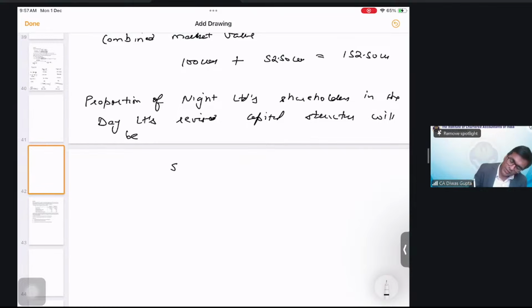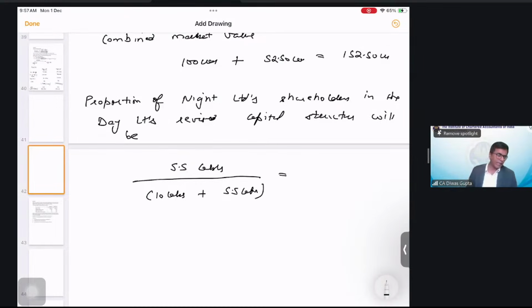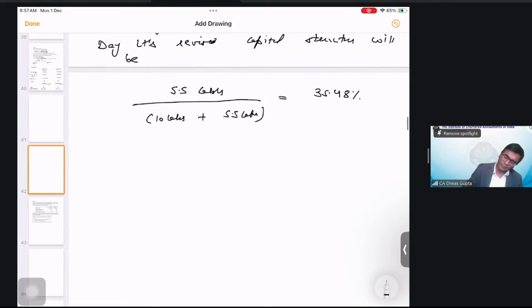so how many shares belong to Night Limited shareholders? 5.5 divided by 10 lakhs, the existing shares, plus 5.5 they have additionally issued. So this will calculate what percentage of holding belongs to shareholders of Night Limited in the revised Day Limited. Okay.